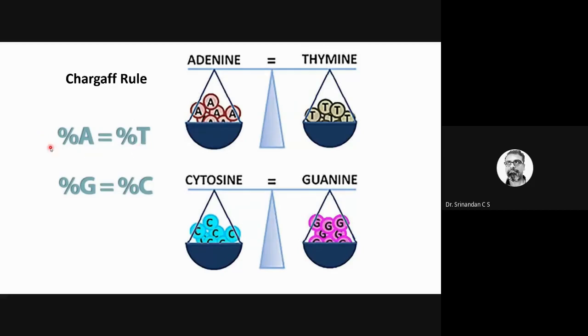In total it consists of 80% A and T. The remaining will be 20% of G and C. That you will also have to consider. If 80% A and T, then the remaining 20% will be G and C. And test tube A is 40% A and T, so the remaining will be 60% G and C.